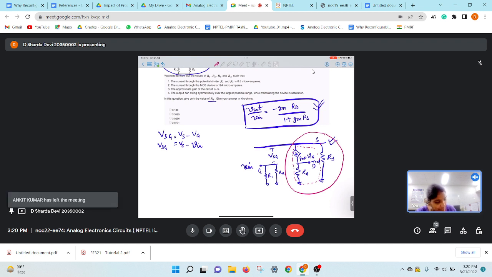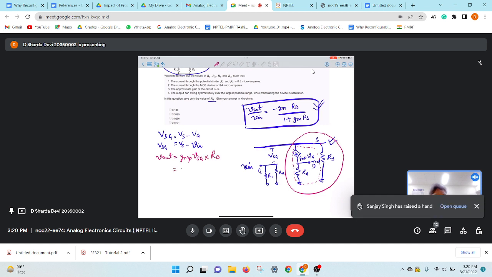So now let's handle this complete path. What is the expression for Vout? It is gmp VSG into RD. Yes, Sanjay, what's the issue? The output impedance of the MOSFET, RDS, will also be there between source and drain.